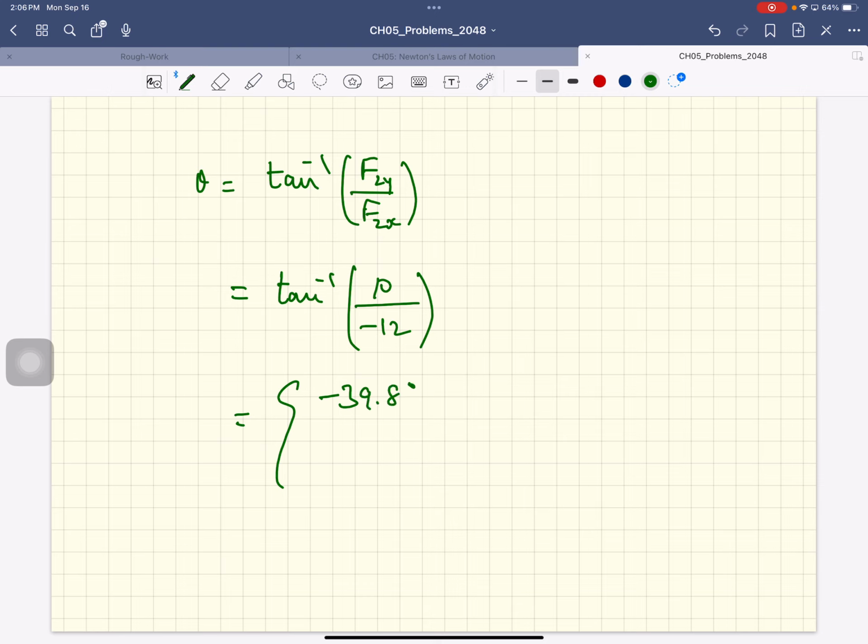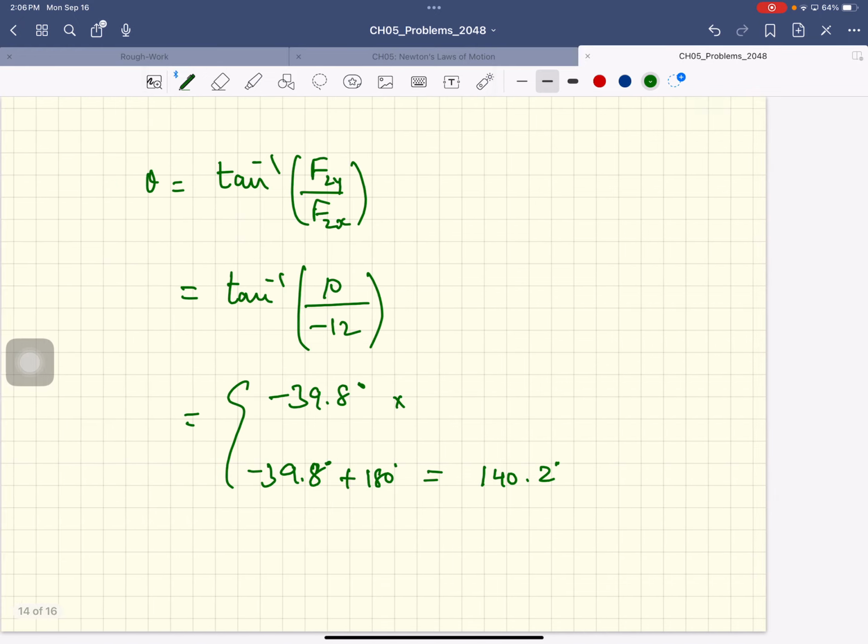We know our vector is in the second quadrant. This is in the fourth quadrant, so this is not it. So the other solution is 39.8 plus 180 degrees. That's the solution we want. So that's 40.2 degrees.